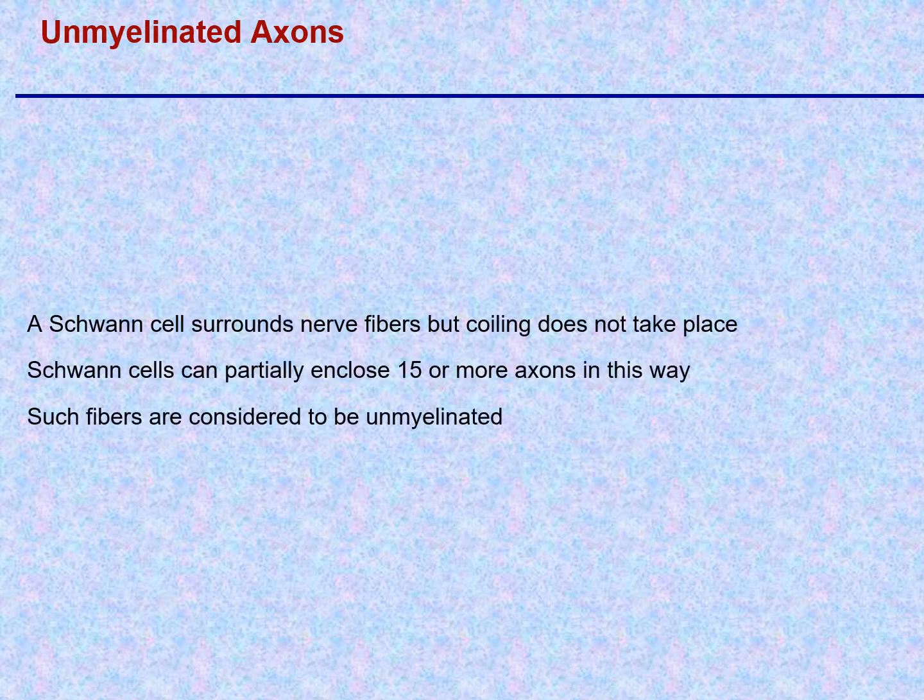There are also unmyelinated axons. Schwann cells surround the nerve fiber, the axon, but don't coil around, and those are considered to be unmyelinated.